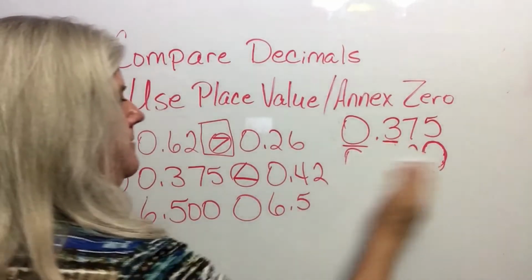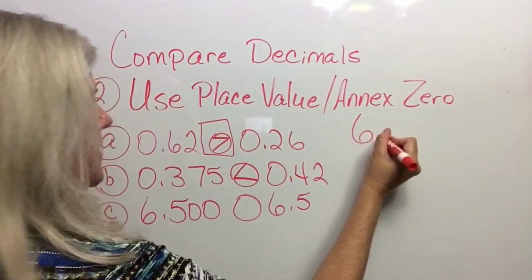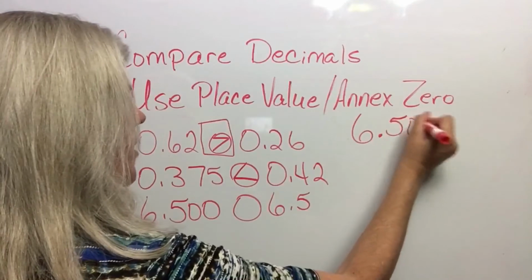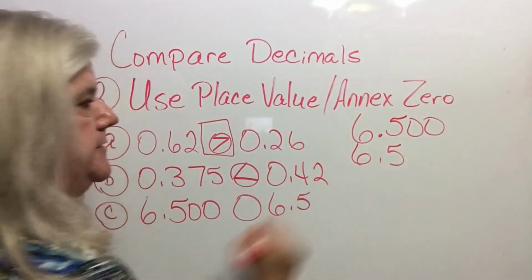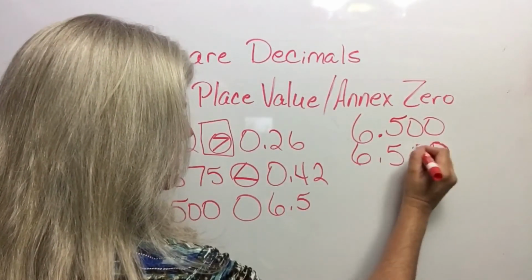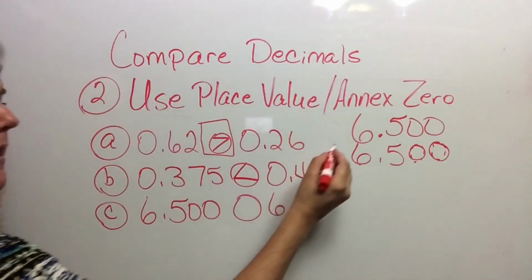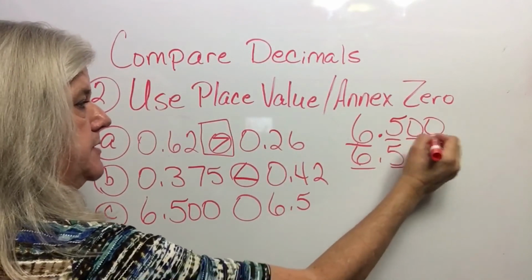Okay, let's look at C. On C, I have 6 500 thousandths and 6 5/10. I'm going to annex my zeros. And if I compare this, 6 is the same as 6, 5 is the same, zeros are the same.